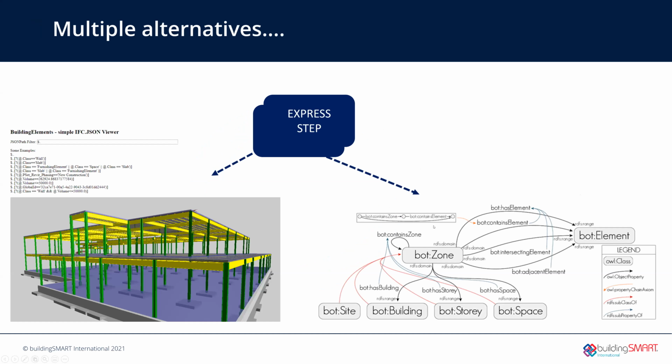An alternative to IFC is this BOT technology, which for me is a really good example of the way forward. It replaced all of the IFC strings with normal strings. It removed all of the prefixes of IFC as well, stripped out a lot of the domains to make it more modular, and stripped out a lot of resources, replacing them with other available things on the semantic web. Really a good example, but this wouldn't have happened if we had a better core IFC model.